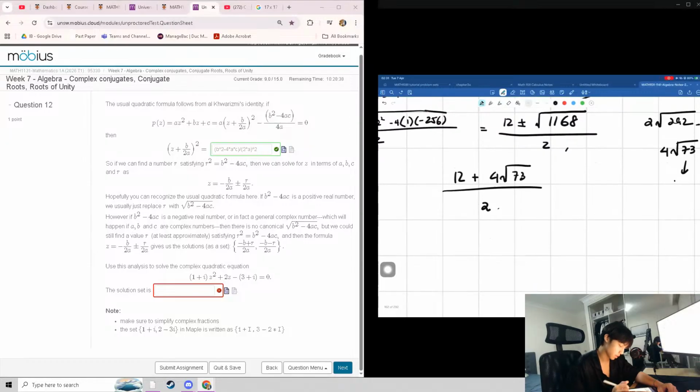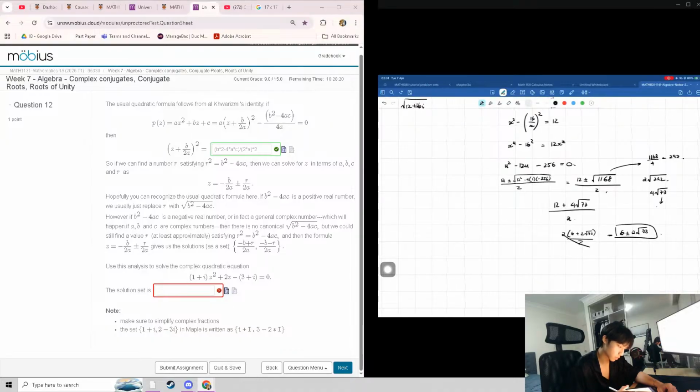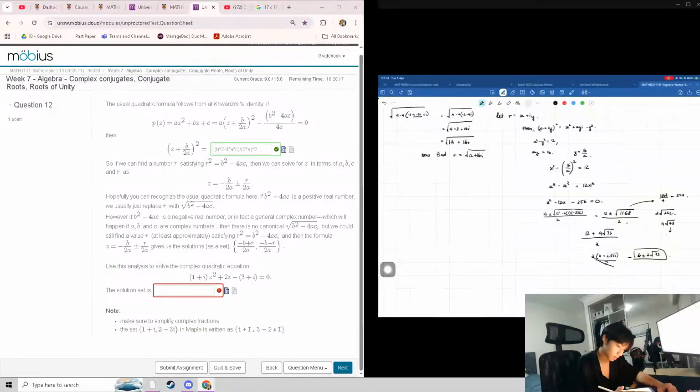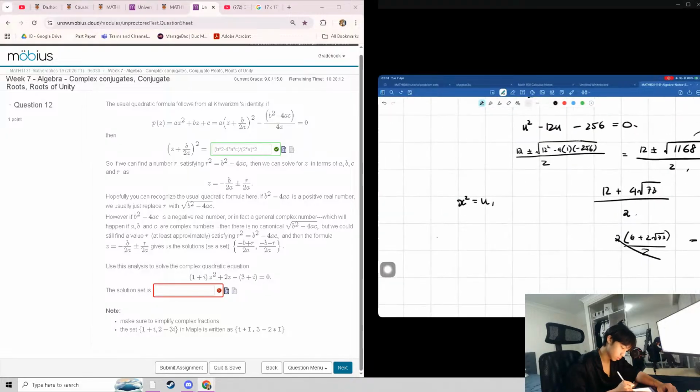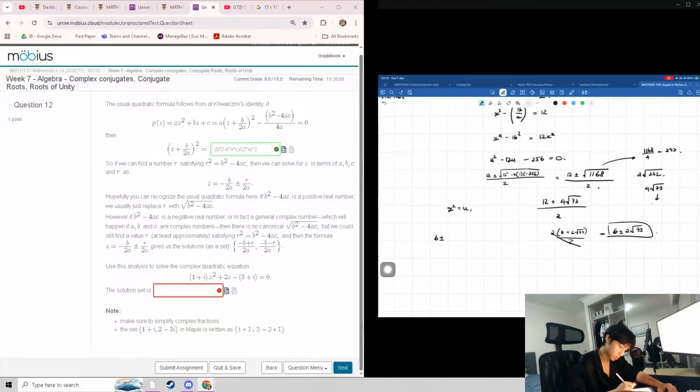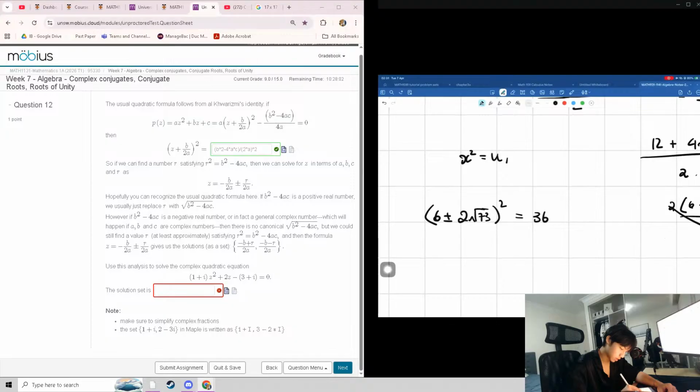So we can pull something out. We can pull 2 out. Right, so now we got 6 plus or minus 2 root 73. And then because x squared is u, so 6 plus or minus 2 root 73. That's perfect. Gets us to 36 plus or minus.